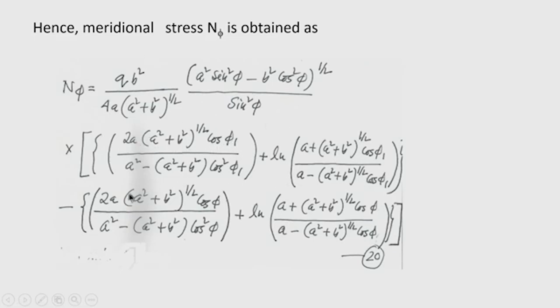The same term is repeated here, you can see, but here the angle is phi, that means at any meridional angle phi you can calculate the stress. So, the first quantity is coming due to the constant k that is evaluated by imposing the boundary condition at phi equal to phi 1, and in the second term you see that it contains the variable phi, and by putting the value of phi at any meridional angle you can calculate the stresses.